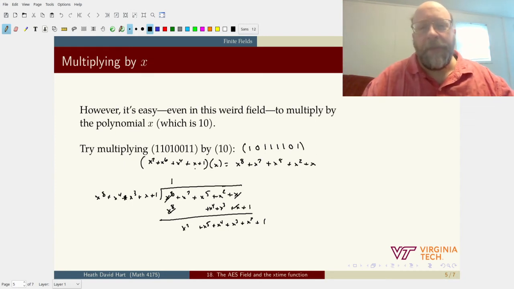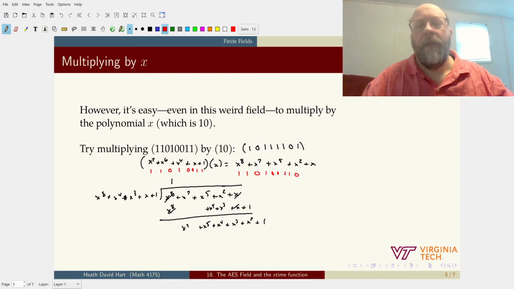But I want to show you a couple of things here. This is the polynomial 1, 1, 0, 1, 0, 0, 1, 1. If we're multiplying by x, everything just shifts over a power. This is 1, 1, 0, 1, 0, 0, 1, 1, 0. And so this step is just a left shift. We're shifting everything over by 1.